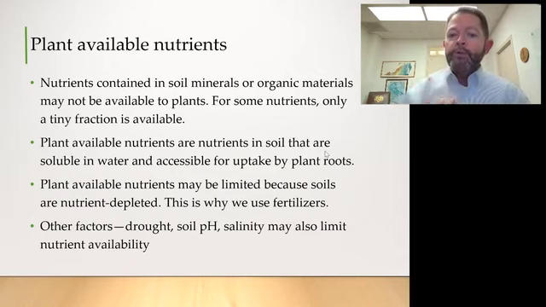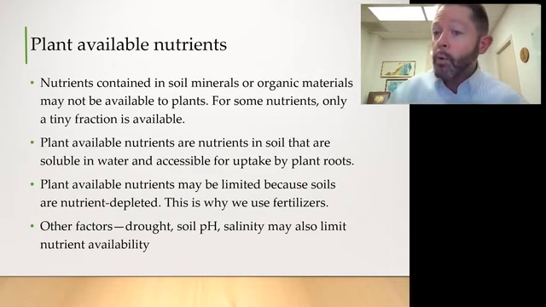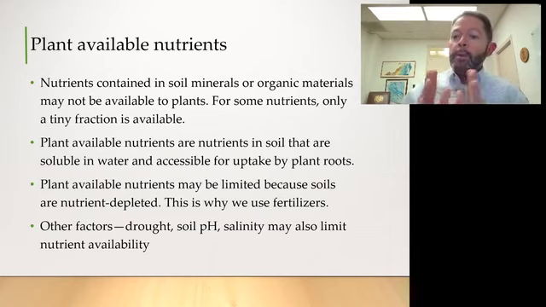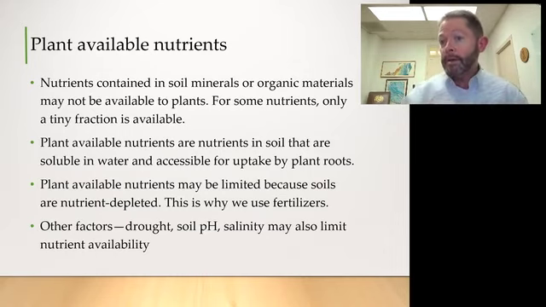So the nutrients contained in soil minerals or organic materials may not be available to plants. It's one thing for nutrients to be present in soil, it's another for them to be available. Plant available nutrients are nutrients in soil that are soluble or dissolved in water and accessible for uptake by plant roots.